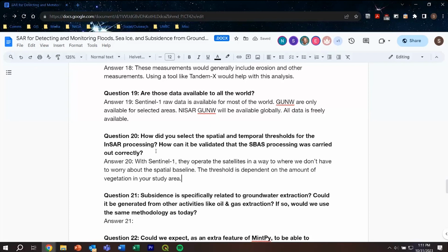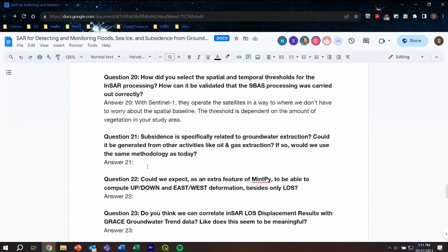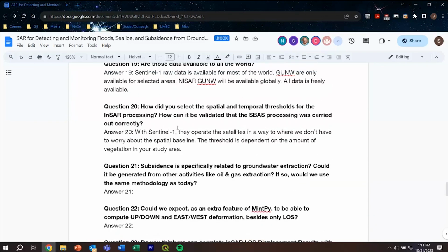And so then you may need to use only shorter time intervals. So that's the temporal threshold. It depends on the radar wavelength and on the vegetation. For L-band, we hope that the temporal threshold will be closer to a year, except.